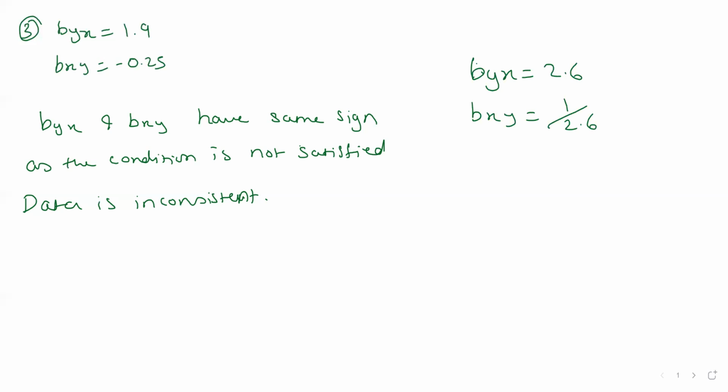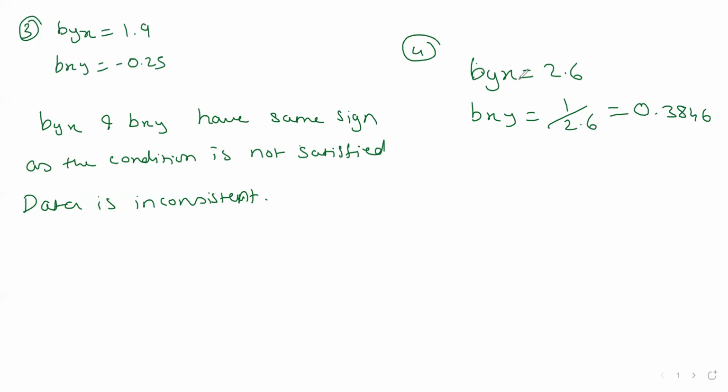Now if bxy is 1 upon 2.6, let us find out what is the value of 1 upon 2.6. 1 divided by 2.6 has to be done. So it comes to 0.3846.